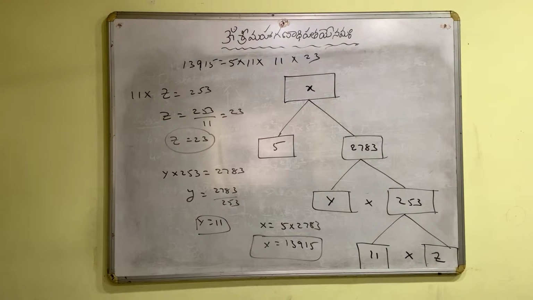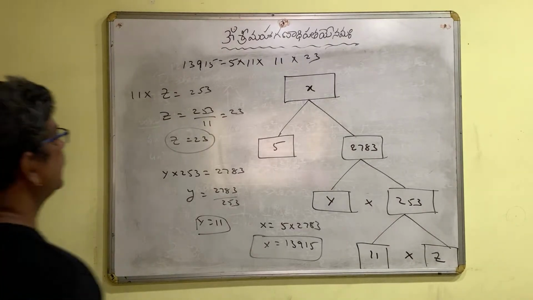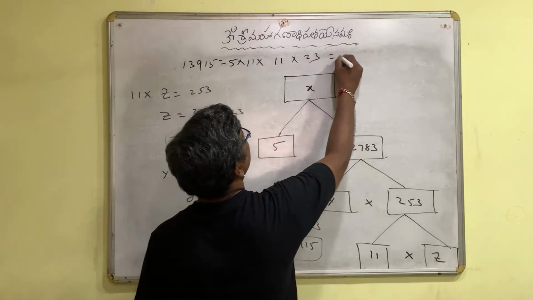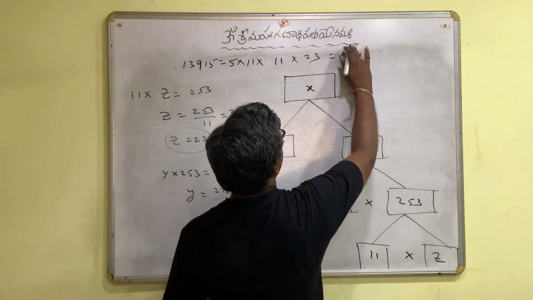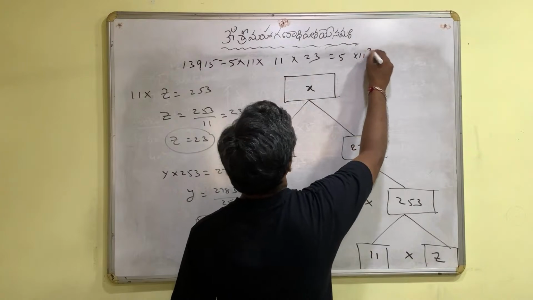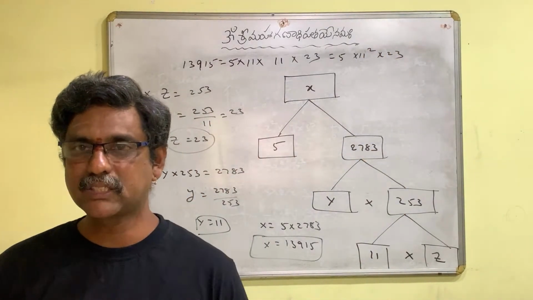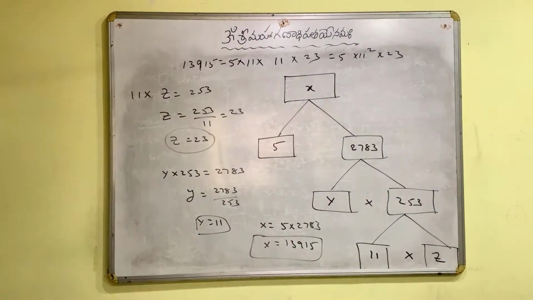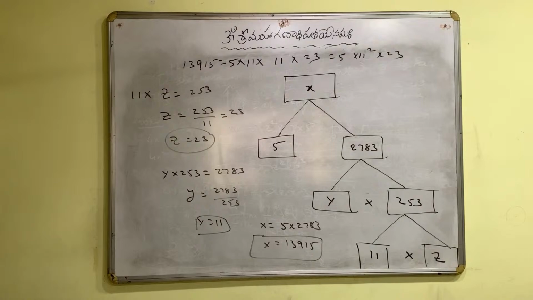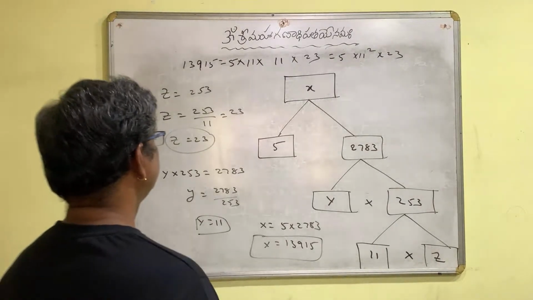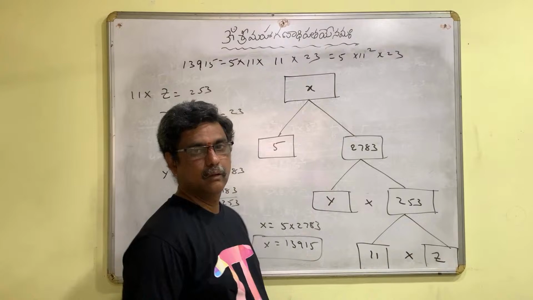And the prime factorization of 13915 is 5 into 11 square into 23. Option C. Okay?